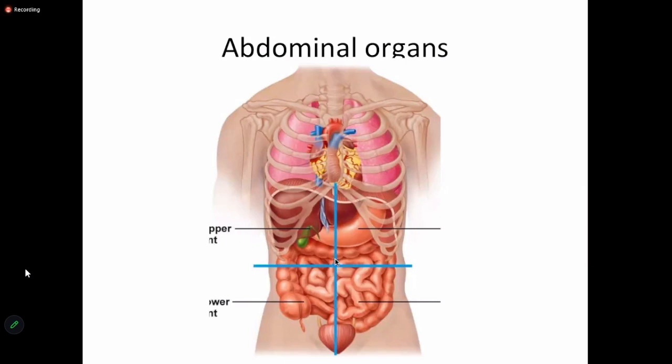So even other organs, you must know roughly where the transverse colon is, and you can see the large bowel is in the periphery, and the small bowel is roughly in the center, not in the midline, in the center.